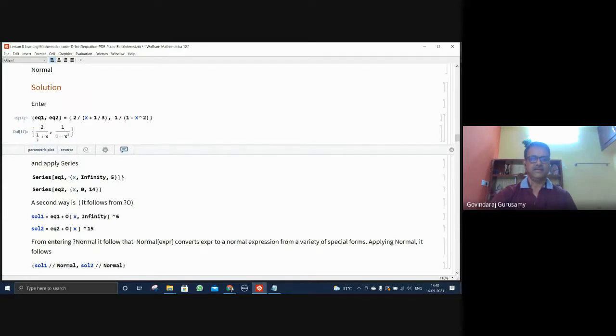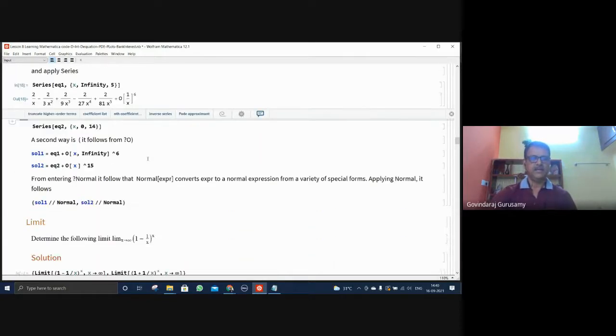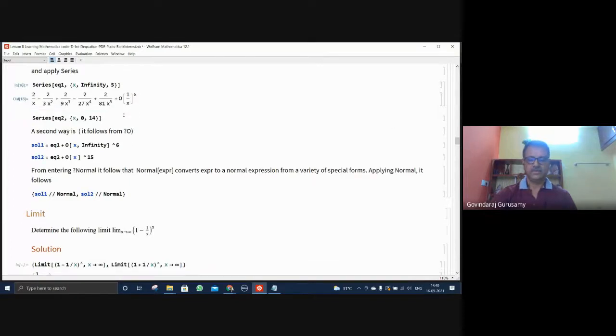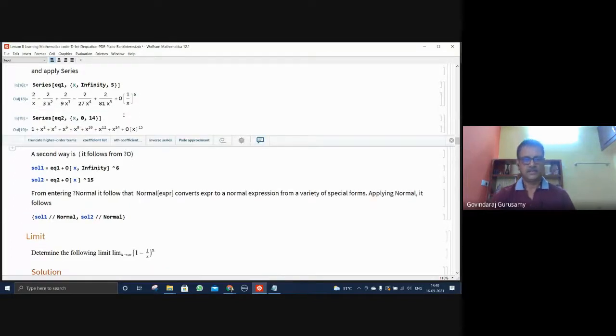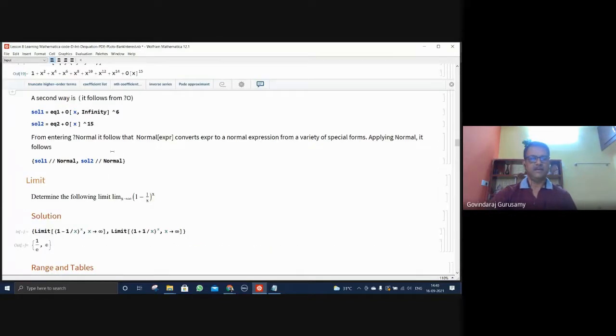Now we are going to expand it. One of them is about infinity, and the other one about 0. And these are the results that you have for this series. Eliminate the order symbol with the normal. So just put solution 1.